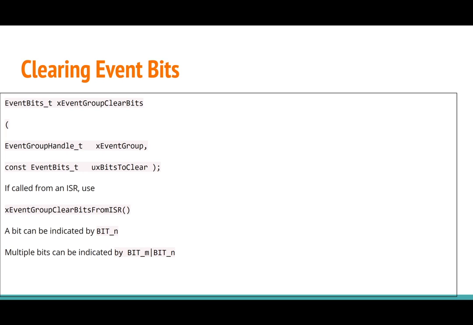So this is just an example of clearing event bits. Obviously, we have to first create the event group, as I mentioned earlier, and this is the signal function, which will reference when the event is completed or when the event is set.